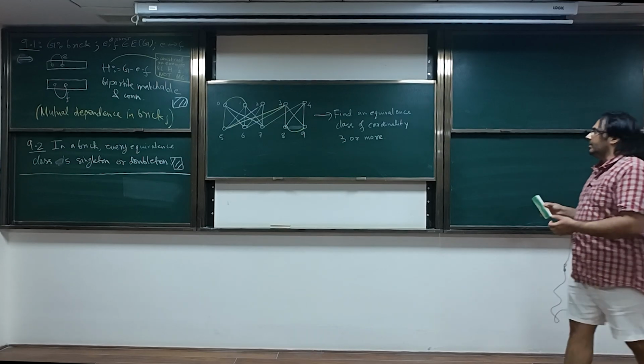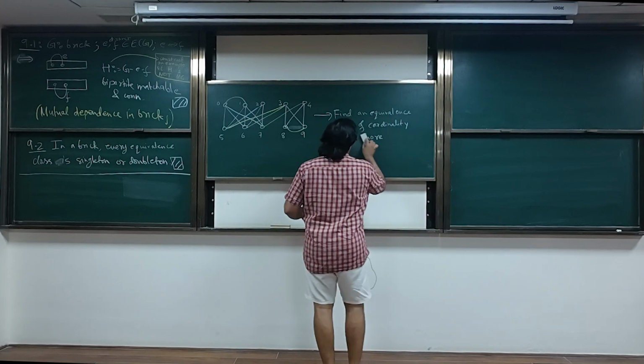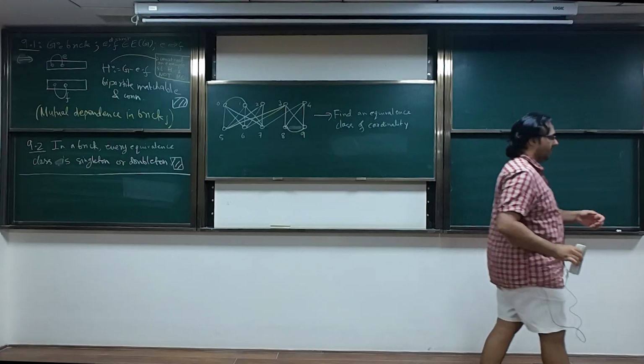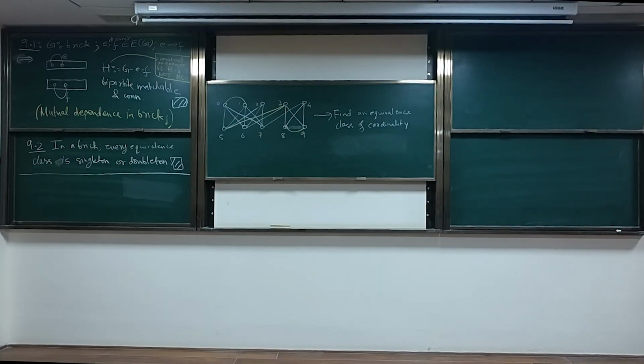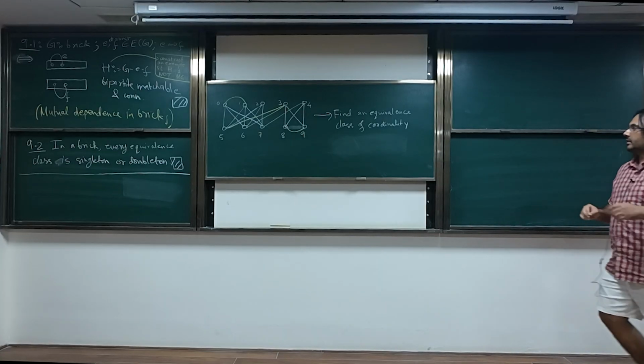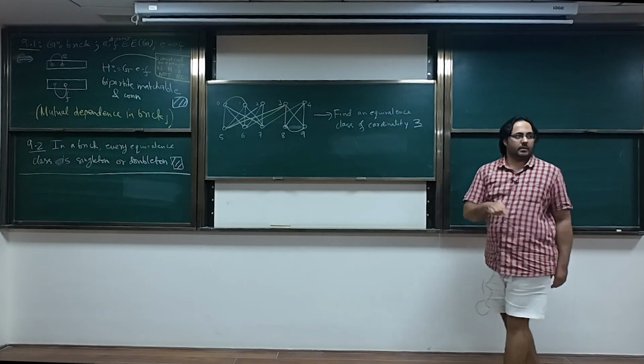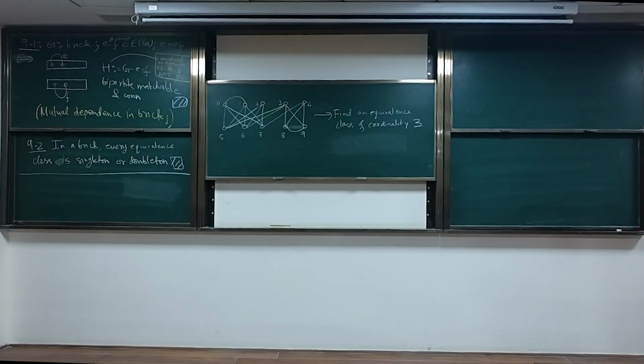So, some of you have figured out that there is an equivalence class of cardinality exactly 3. Right? There is an equivalence class of cardinality 3 in this example. But if it were a minimal class, then it would contain an even 2-cut, and its deletion would disconnect the graph.